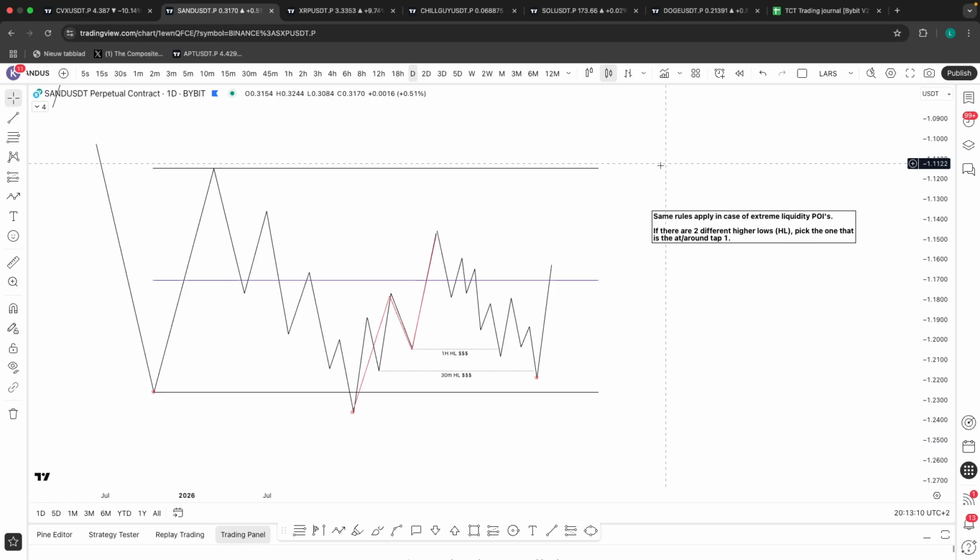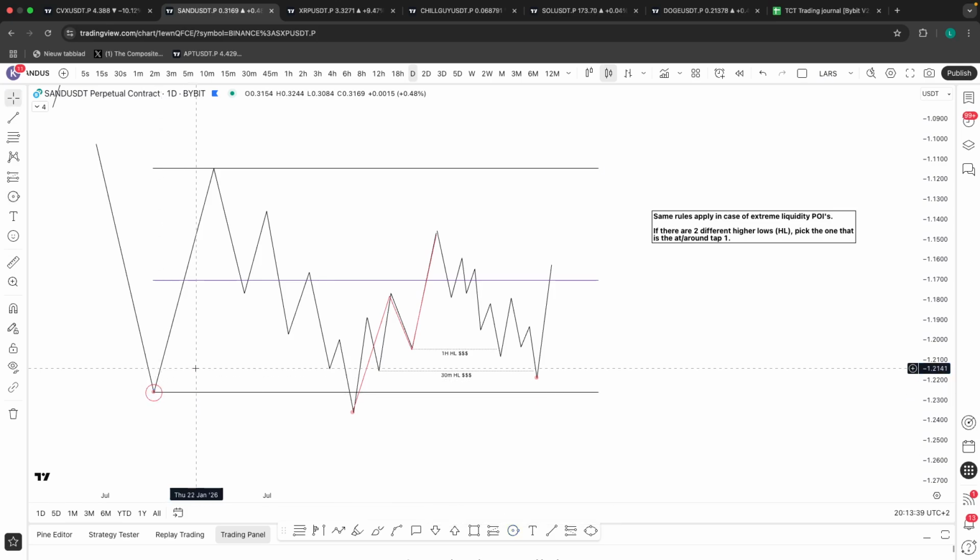So in this case right here, we can see that in the black, which is representing a lower time frame, we have a 30-minute higher low located right here. And then in red, which is the 1 hour time frame, our higher low following the 6 candle rule is going to be up here, above the 30-minute higher low. Our tab 1 of the accumulation is going to be located right here.